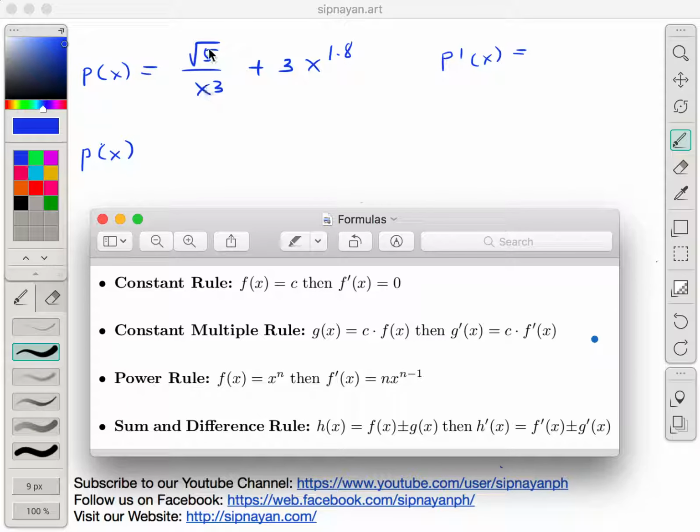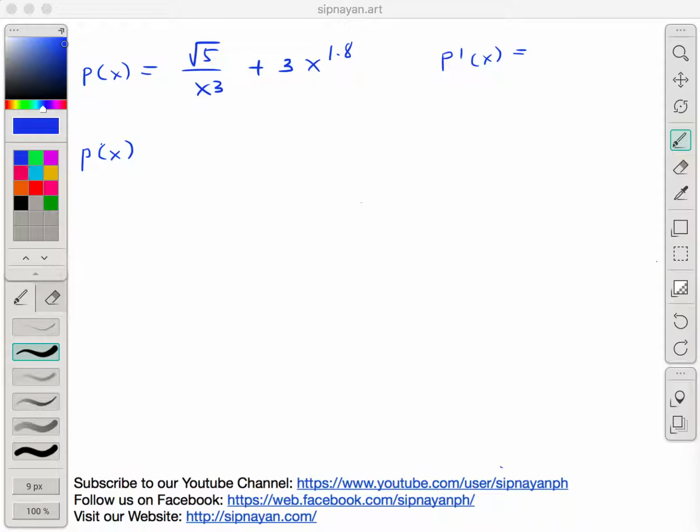Wala tayong division, no? Wala tayong rational expression na nasa ilalim yung variable, yung x. Kung makikita nyo ay palagi siyang nasa yung sa power rule, nasa itaas siya. So, we manipulate, no? Using negative exponent.